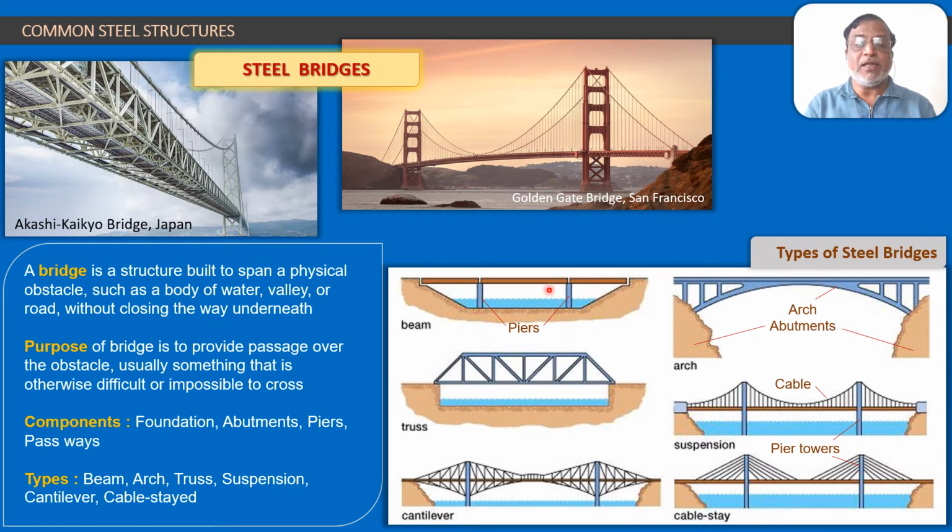These vertical column-like components supporting these beams are called piers. So you can say piers are intermediate supports of the bridge which are resting inside the bottom of that obstacle, whether it is a river or a valley or whatever it is. So this was the first type.